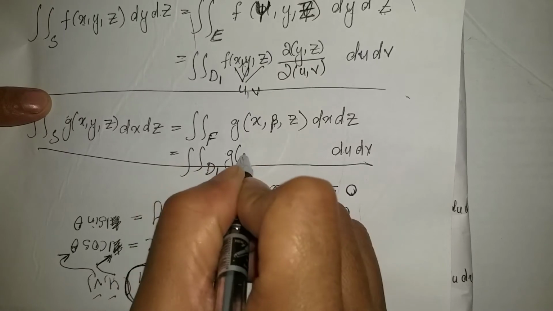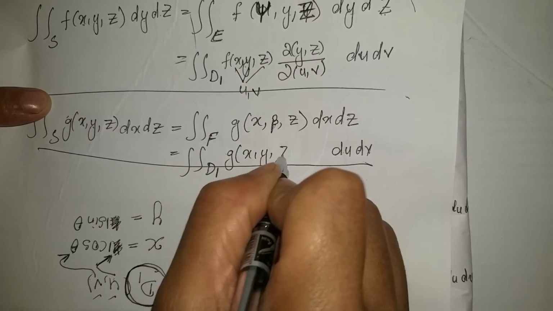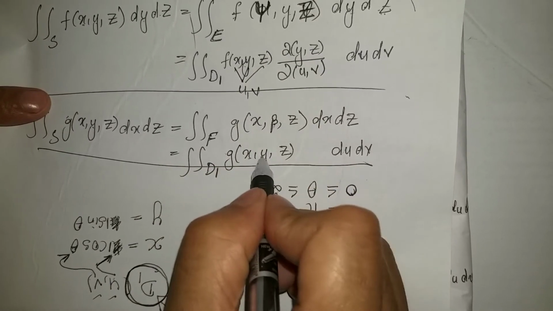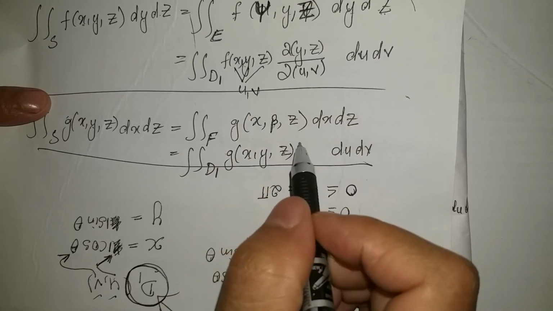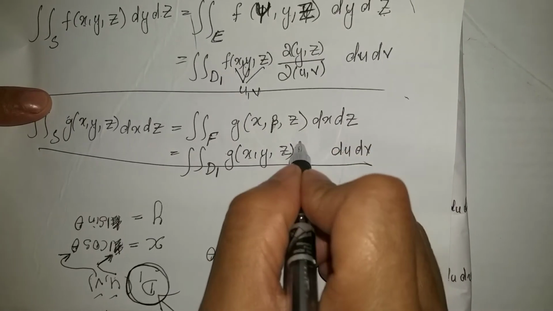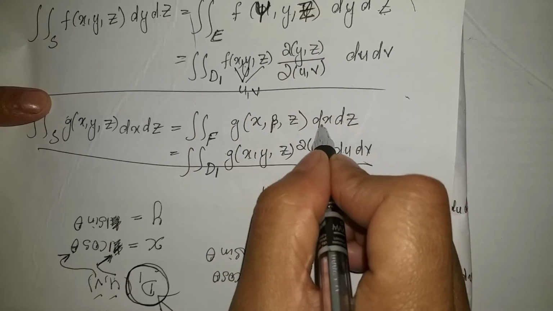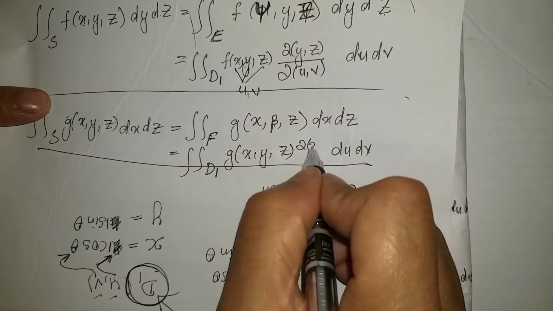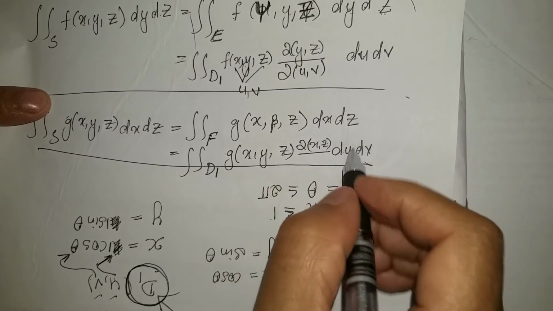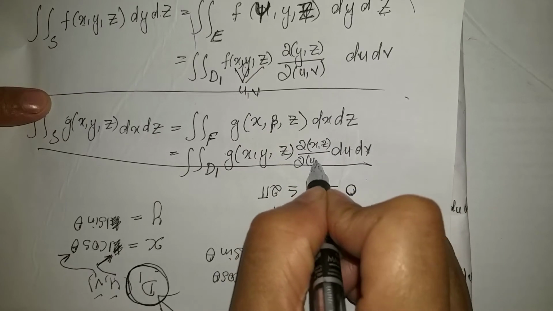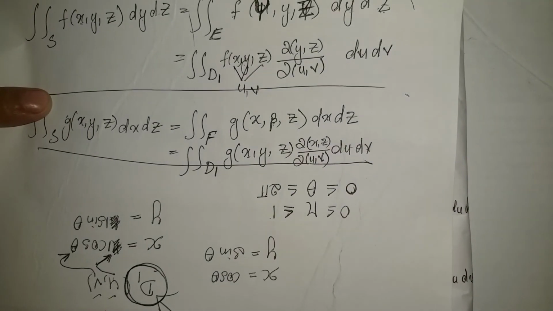Then g of x, y, z. This time x, y, and z I should write in terms of u and v. Then the Jacobian, I change it from xz to uv, del(x,z)/del(u,v).